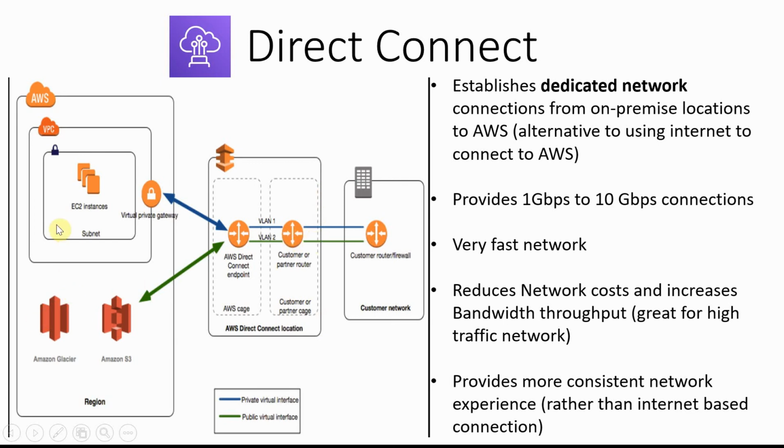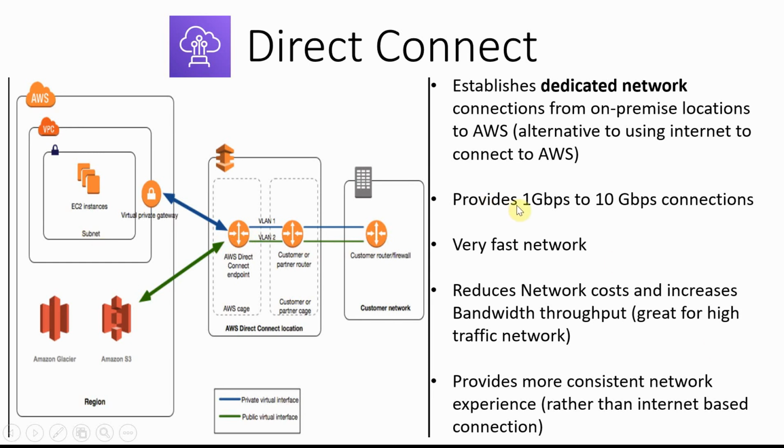There will be a connection from AWS to this vendor's location, the AWS cage. It's called the AWS cage, even though it is the third-party customer's networking connection. So basically, your third-party cage and your on-premise cage are both connected via LAN, and then you transfer the data across.